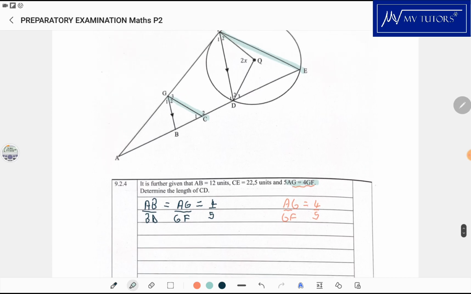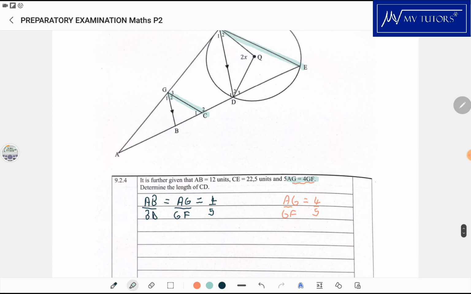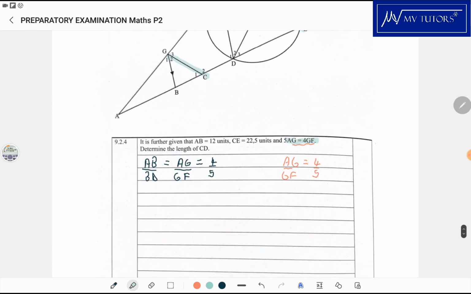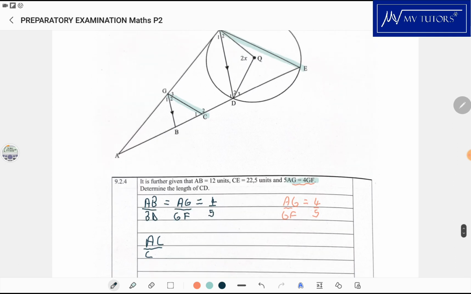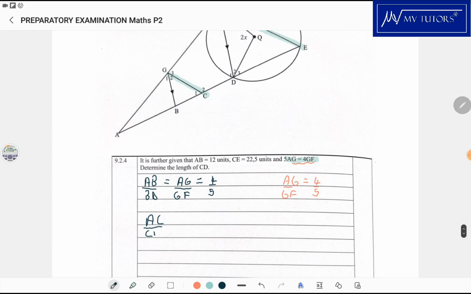That gave us that AC over CE is equal to the same thing, AG over GF, which is actually equal to 4 over 5.